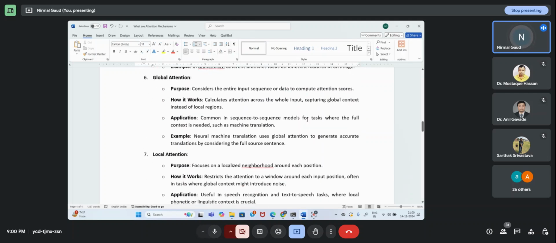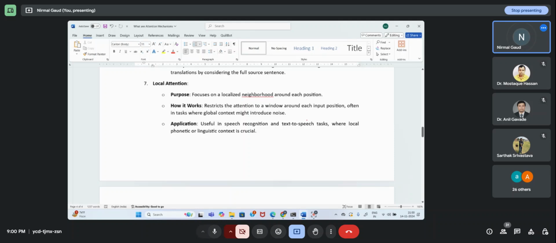We do have global attention also. Consider the entire input sequence or data to compute attention scores. Local attention also focuses upon the local neighborhood around each pixel position. Local means not the entire data, we are just focusing upon some part of the data.